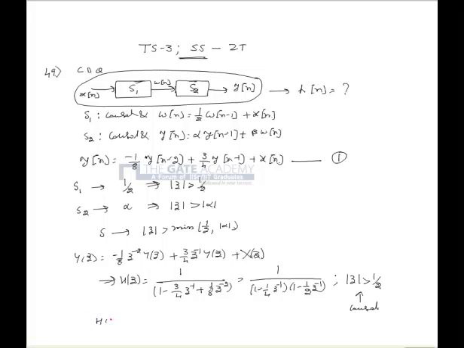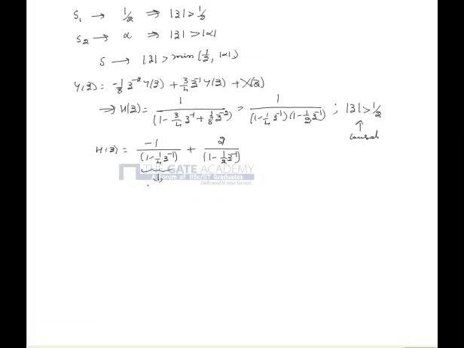Upon splitting the H of z into partial fractions, we can write that H of z is equal to minus 1 by 1 minus 1 by 4 z inverse plus 2 by 1 minus 1 by 2 z inverse. This term corresponds to the ROC of modulus z greater than 1 by 4, and this corresponds to an ROC of modulus z greater than half, and the intersection of these two ROCs is mod z greater than half.